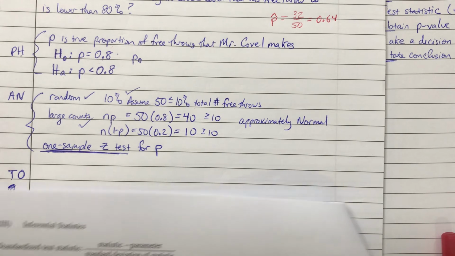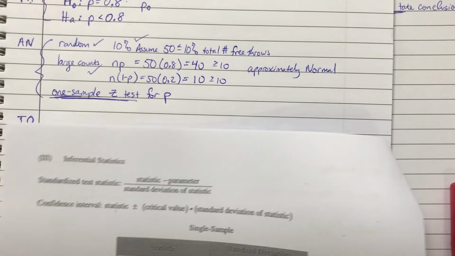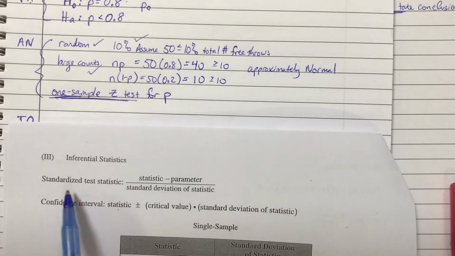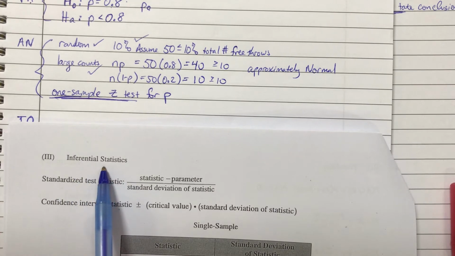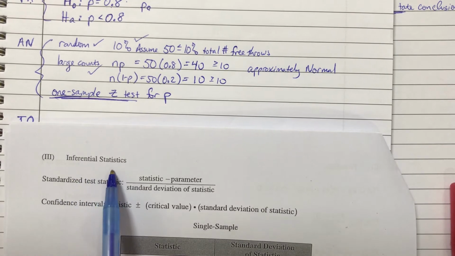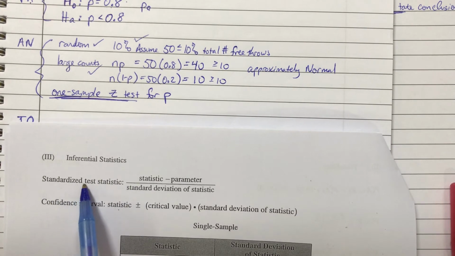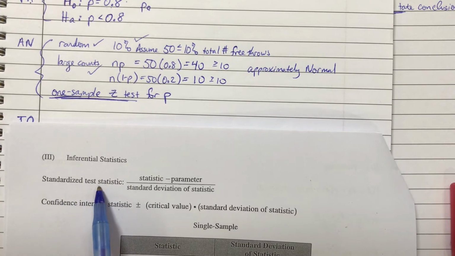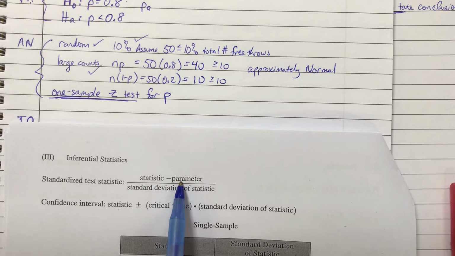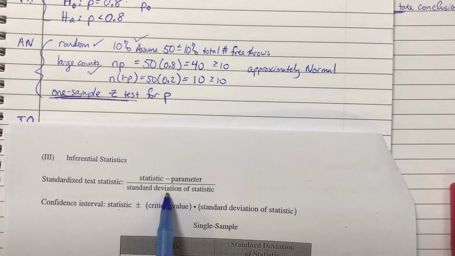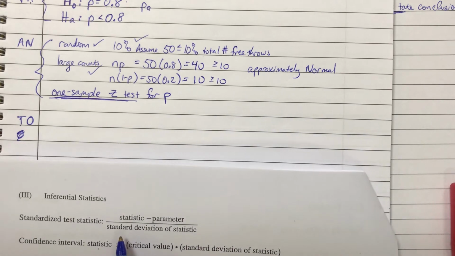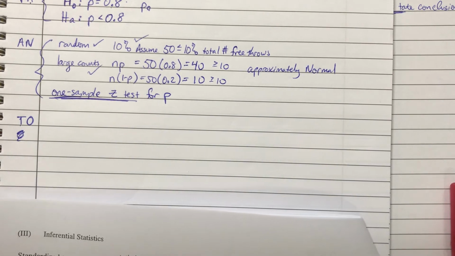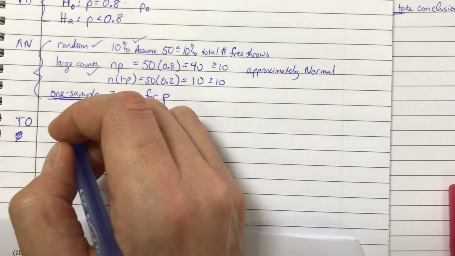On your formula sheet, the standardized test statistic for inferential statistics, we're doing inference here because we're trying to make conclusions based on our data. The standardized test statistic is the statistic minus the parameter divided by the standard deviation of the statistic. Okay, so first of all, I'm going to write this down. And I know this is kind of a mess.